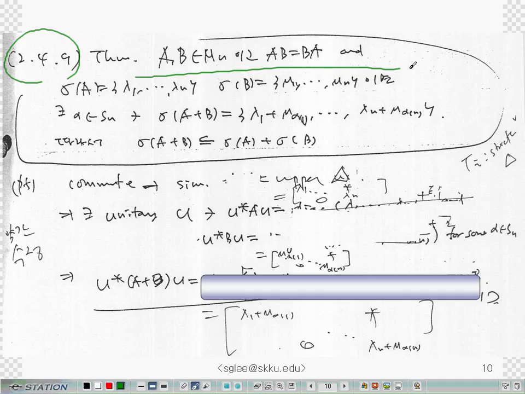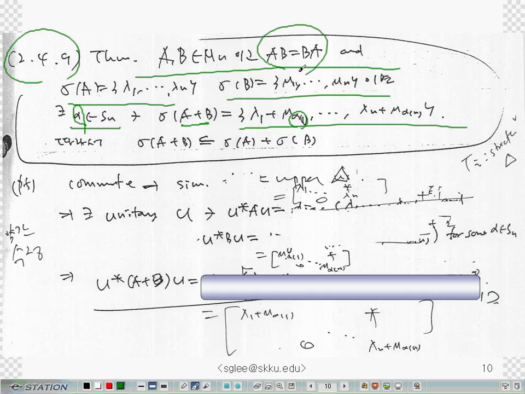Suppose A and B are n by n matrices that commute, and say lambda i's are eigenvalues of A and mu i's are eigenvalues of B. Then there exists a permutation alpha such that the set of eigenvalues of A plus B can be written as a summation of those two eigenvalues with different indices depending on their permutations.